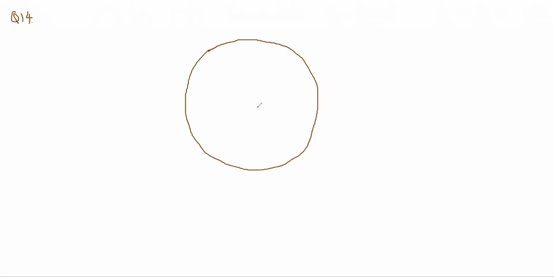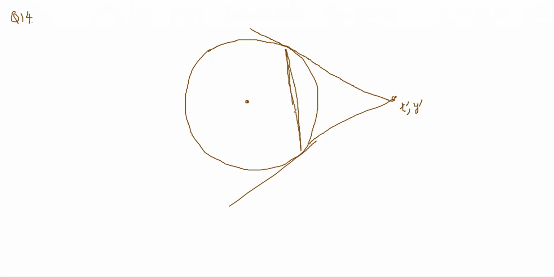I can do it now as well. The chord of contact from the point (x dash, y dash), this is my equation of the chord of contact. This is going to subtend a right angle at the center.